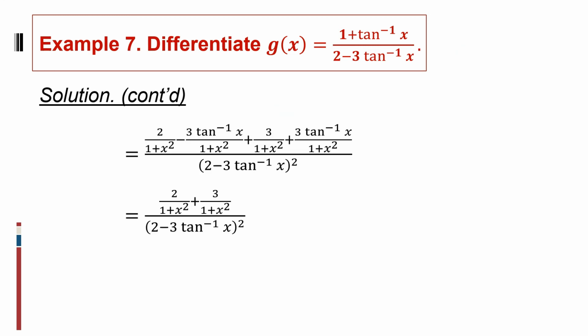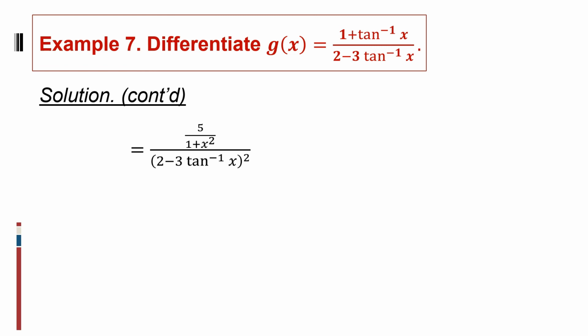Pag tinanggal na natin yung negative dito, magiging plus na to at magiging plus na to. So, pwede na natin i-cancel tong part na to. So, we have 2 over 1 plus x squared plus 3 all over 1 plus x squared all over the square of 2 minus 3 arctan x. Or that is equal to 5 over 1 plus x squared all over the square of 2 minus 3 arctan x.